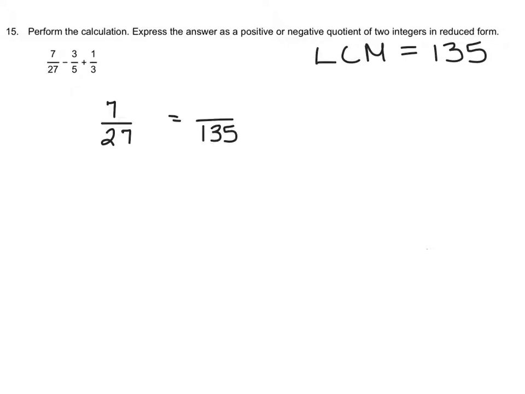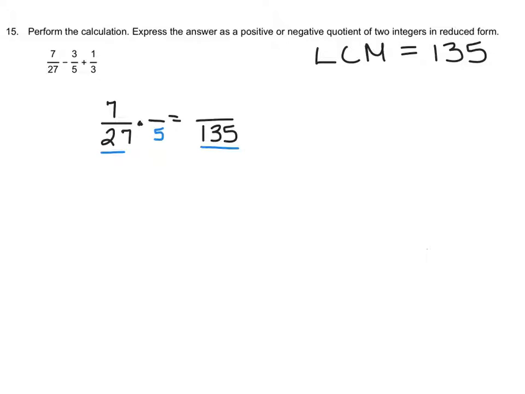In order to write the equivalent fraction, I'm going to ask myself, 27 times what will give me 135? So in other words, on your calculator, just do 135 divided by 27, and you'll get 5.